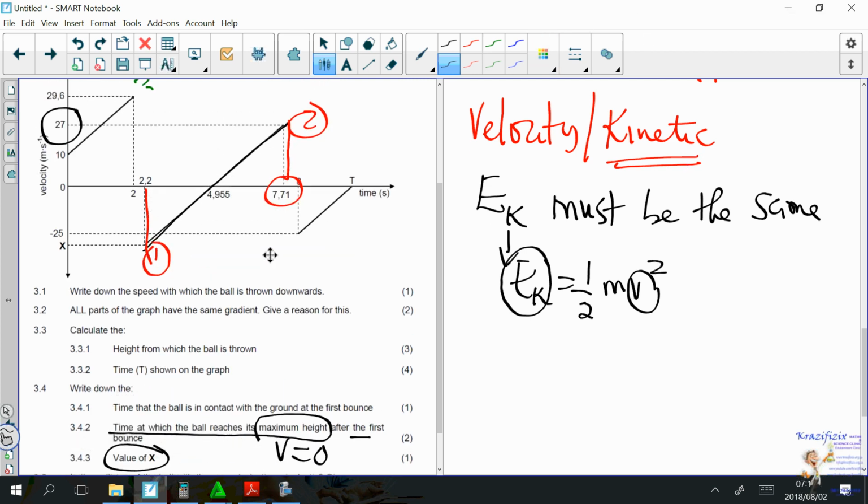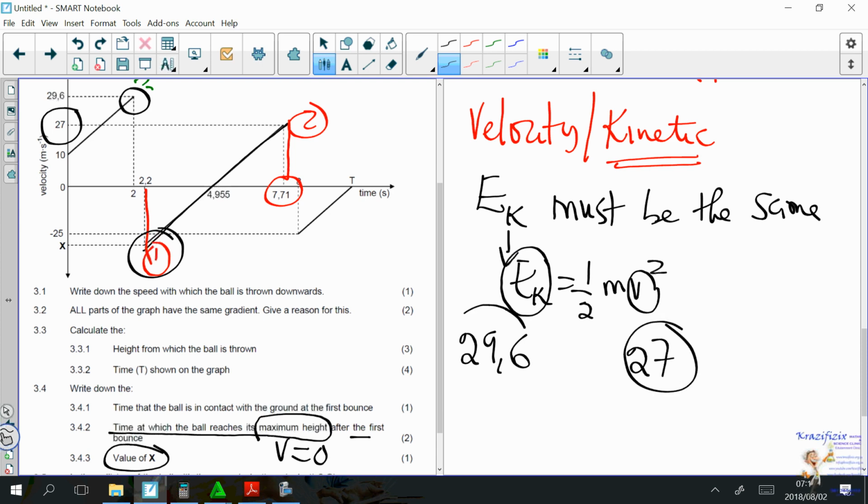It hits the ground at 29,6, but it leaves the ground at 27, the speed. So it's not. How do we now answer this question quickly? We now say that it is an inelastic collision.